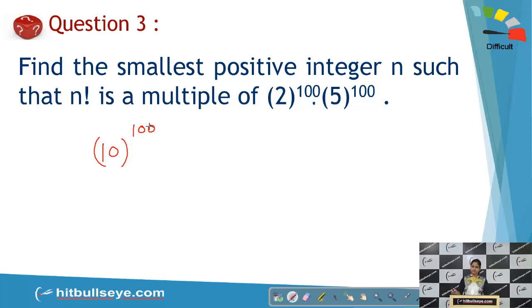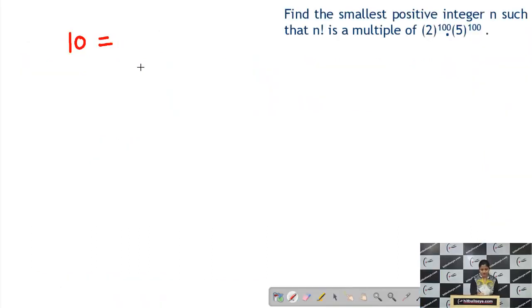It means my question becomes, for what smallest value of n will n factorial end in 100 zeros? Because every 10 corresponds to 1 zero at the end. To calculate number of tens, as we know 10 is 5 into 2 and 5 is the bigger prime. That's why we will calculate the number of 5s in n factorial and it should come 100 times.